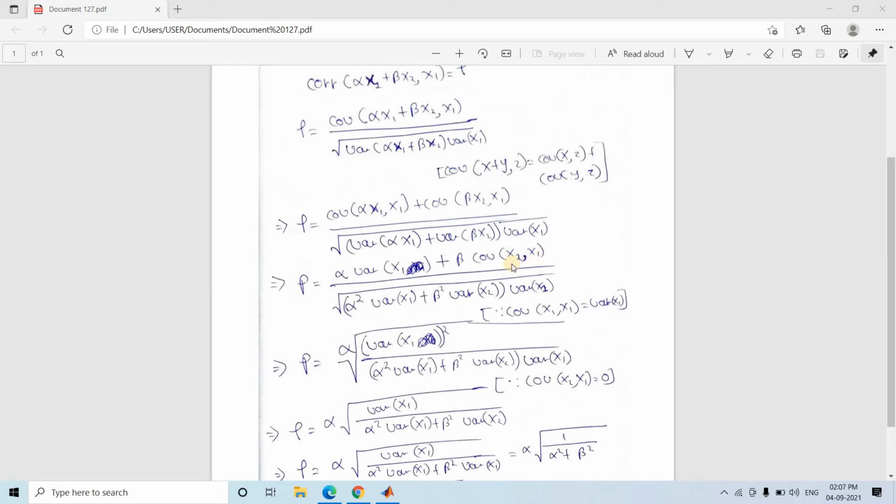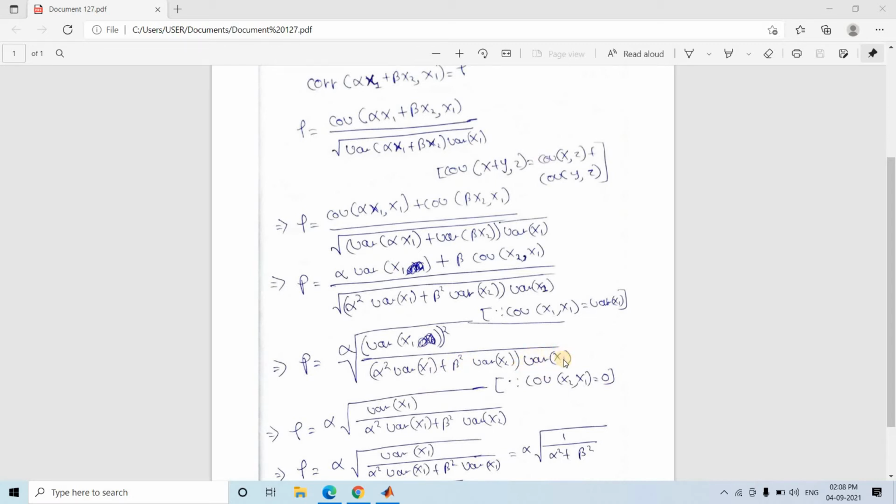Okay, now see this particular term, covariance of x2, x1. So already I discussed that x1 and x2 are uncorrelated random variables, so their covariance will also be 0, right? So just put that here and this particular term will become 0, and what we can do, we can just make the whole term inside the square root, both numerator and denominator, just keeping alpha outside. And if we do that, we will be getting rho equal to, only alpha present outside, square root of variance of x1 whole square by alpha square variance of x1 plus beta square variance of x2 multiplied by variance of x1.